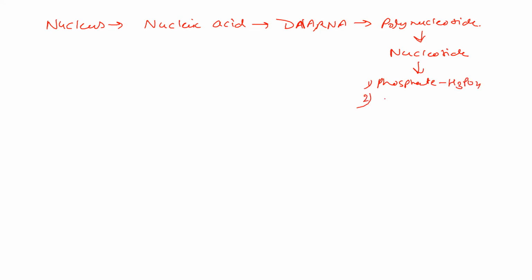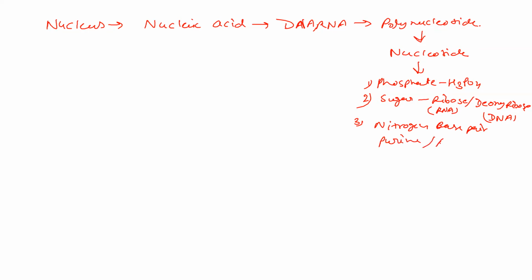Second is sugar, which is deoxyribose in DNA, and ribose in RNA. Third is nitrogen base. It is of 2 types, purine and pyrimidine.